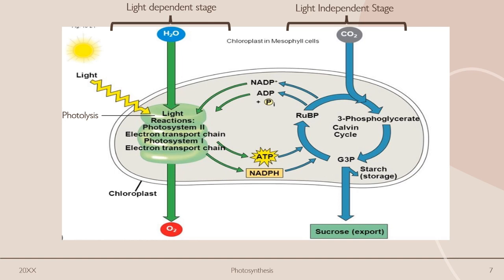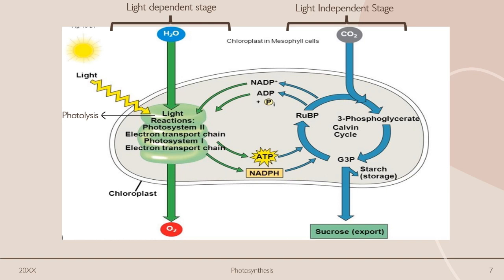Now, what happens in the light dependent stage? I'm going to give you an overview here, and later on we are also going to learn in detail. You can see that photolysis is taking place here. When light falls onto the thylakoid membrane, this one is the grana, and in this grana there are two photosystems, photosystem 1 and photosystem 2.